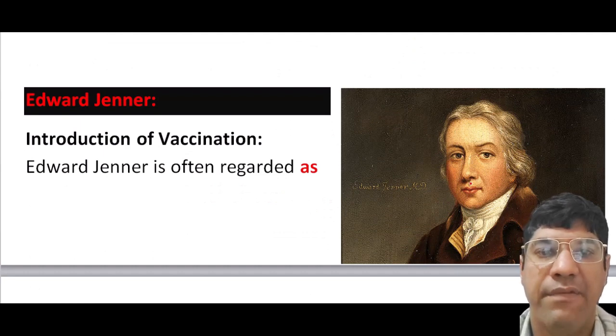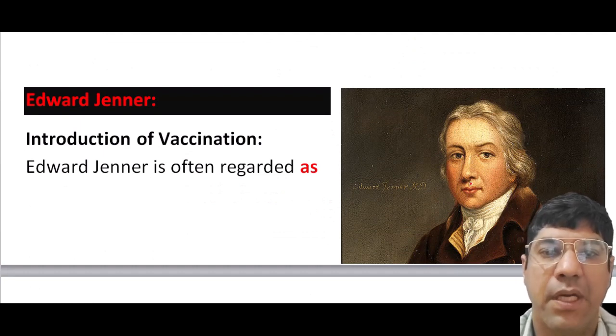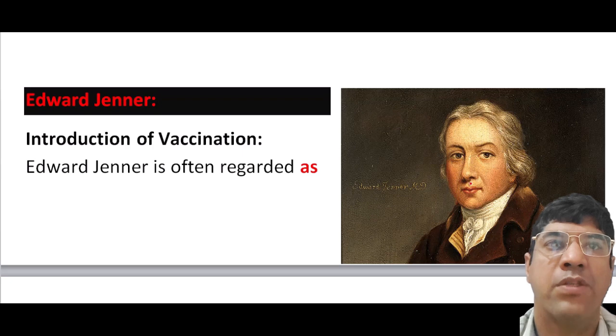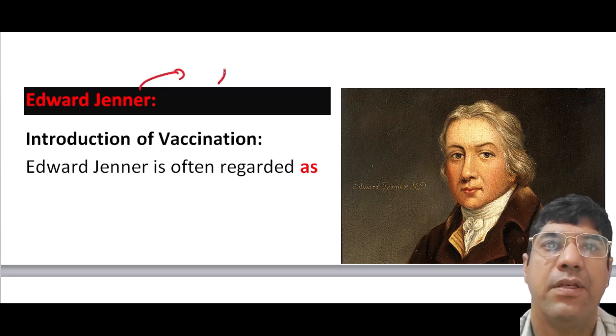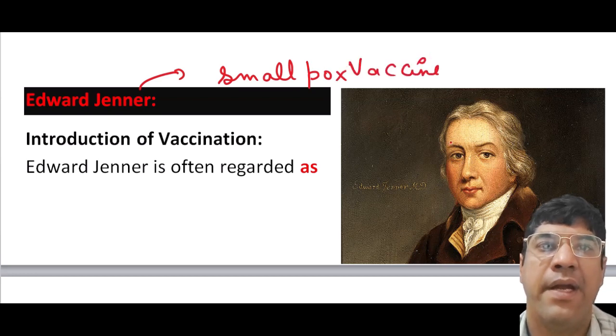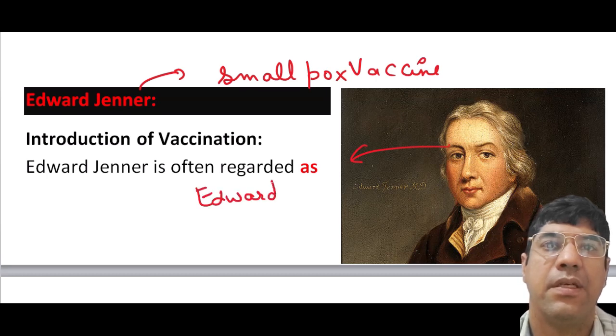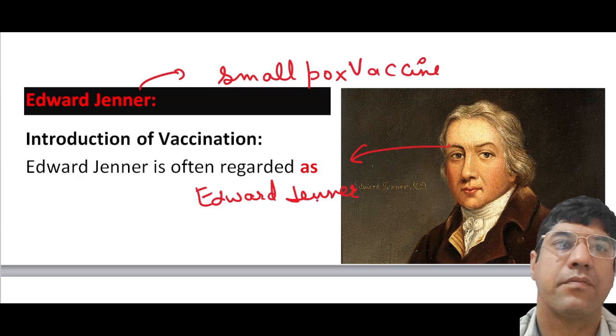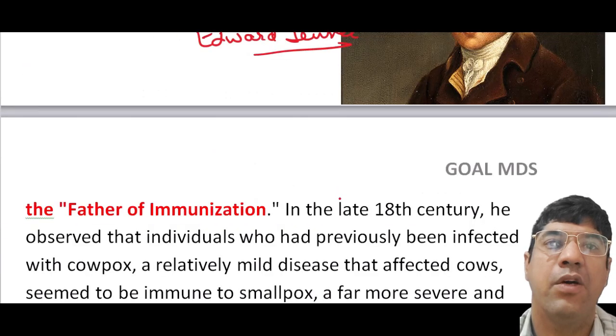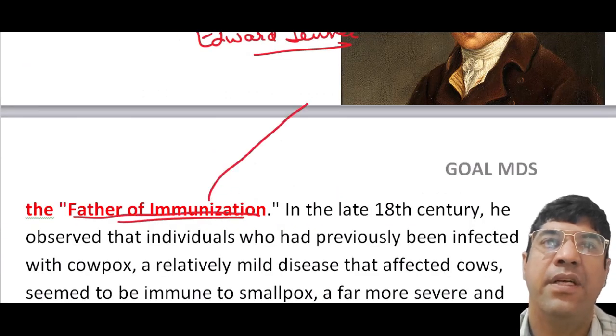Edward Jenner is best known for his work in developing the smallpox vaccine. So who is known as father of immunization? It's Edward Jenner.